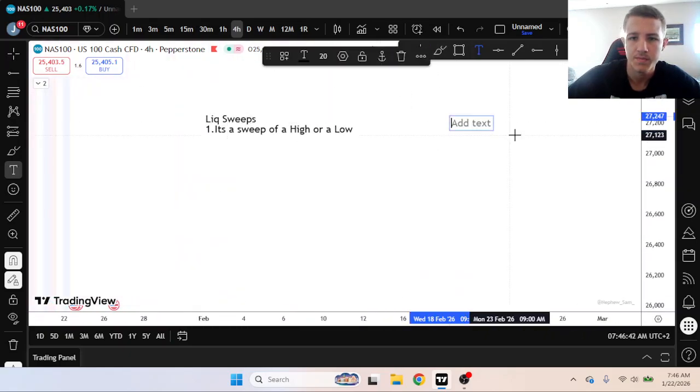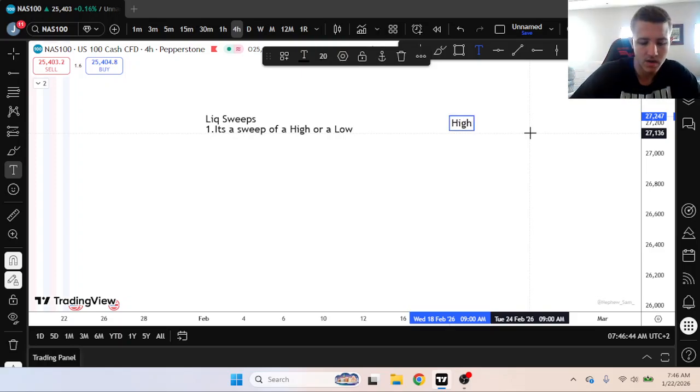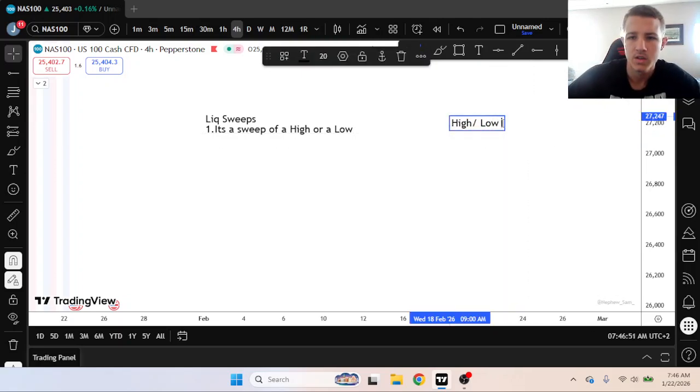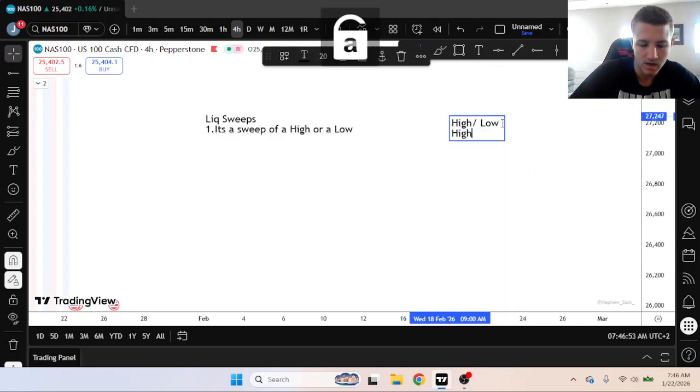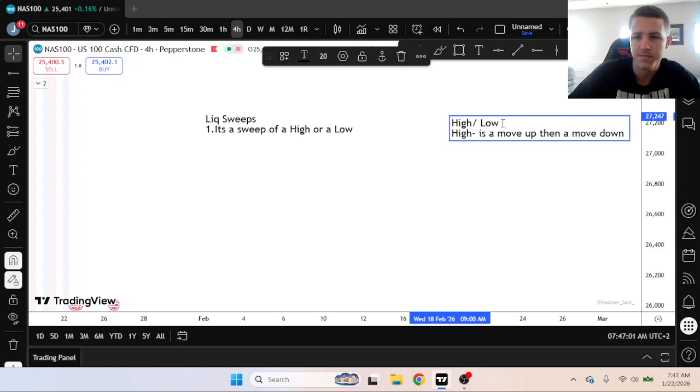A high is a move up, then a move down, meaning in my case it's a blue candle, then a black candle.